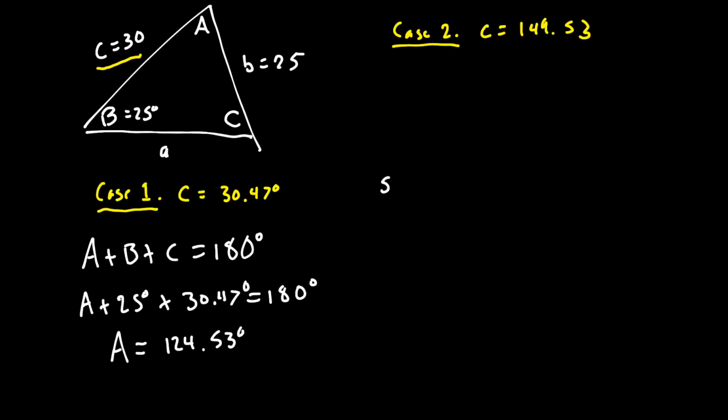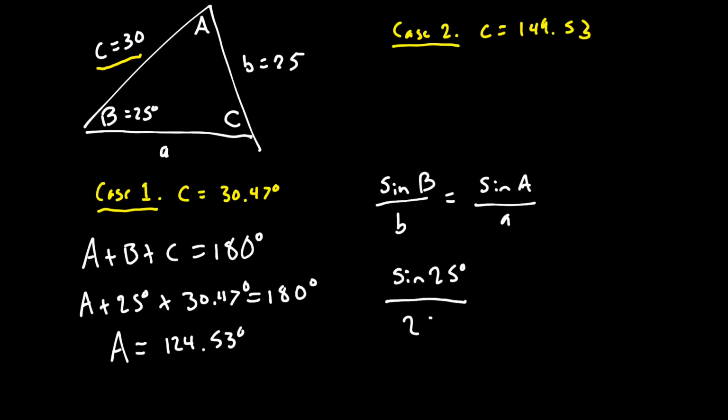Let's set up sine of B divided by b is equal to sine of A divided by a. Filling in what we know, we'll get sine of 25 degrees divided by 25 is equal to sine of 124.53 degrees divided by a.